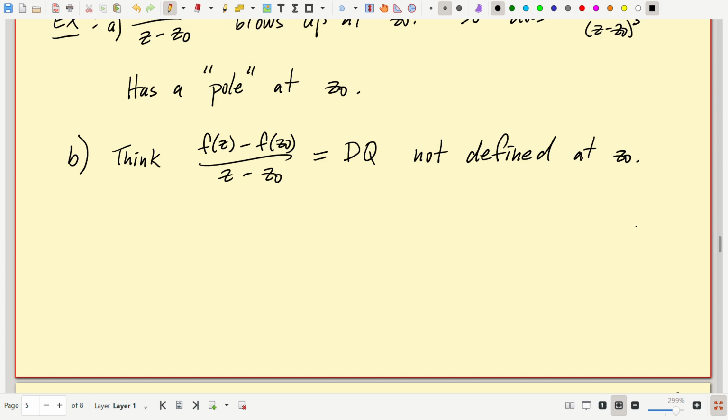So let's think when f is analytic near z naught implies f prime is analytic near z naught. I don't want to think about that just yet. So here's my motivation for what I'm about to do.